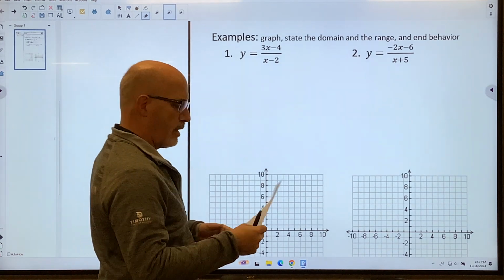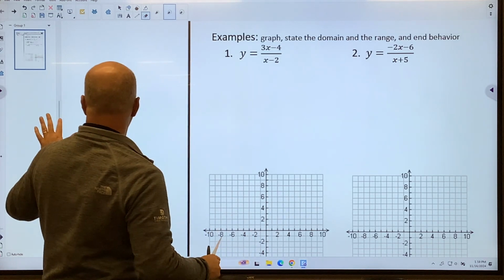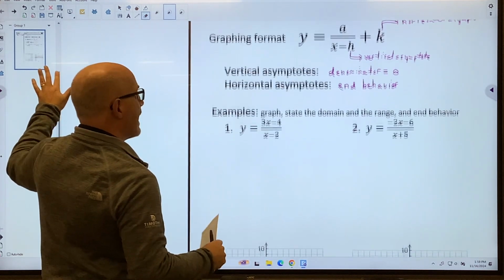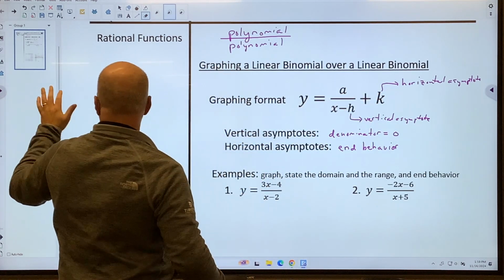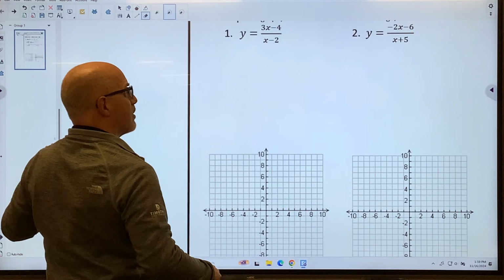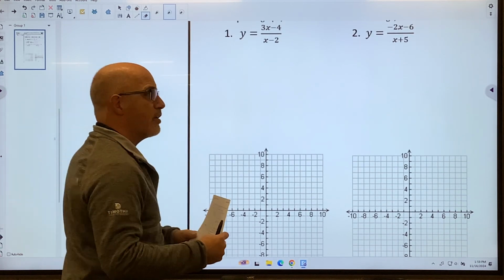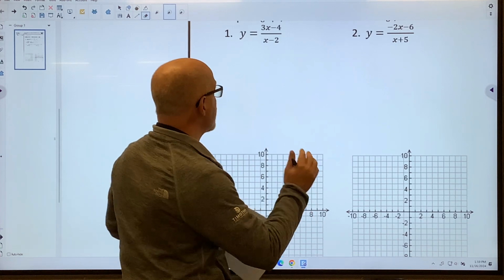Starting with this one, what I want to do is get it into the format of a fraction plus a constant. The way to do that is to use polynomial long division. We could also use synthetic division, but I'm going to do polynomial long division just to review.